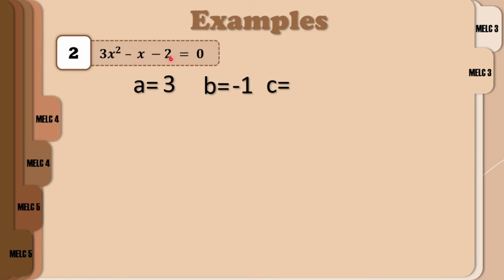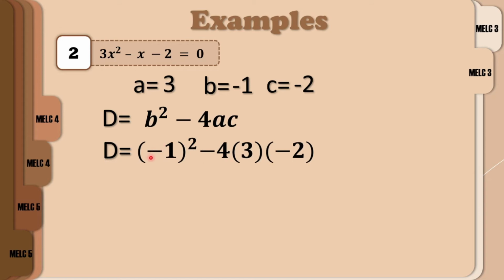And constant term, which is represent to c, that is negative 2. Using again the formula b squared minus 4ac for our discriminant, plugging all the values of a, b, and c, makukuha natin ang negative 1 for b, 3 for a, and negative 2 for c. So, we have negative 1 squared minus 4 times 3 times negative 2.